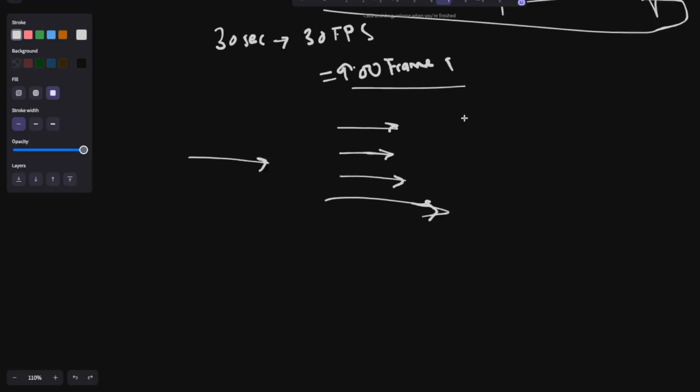A real business use case that comes to my mind is, let's say you have a CCTV camera with some sort of built-in AI model inside it, where it's supposed to always keep a lookout.